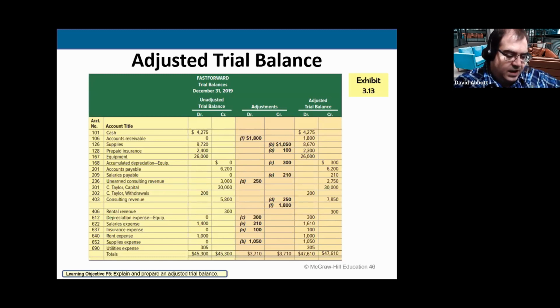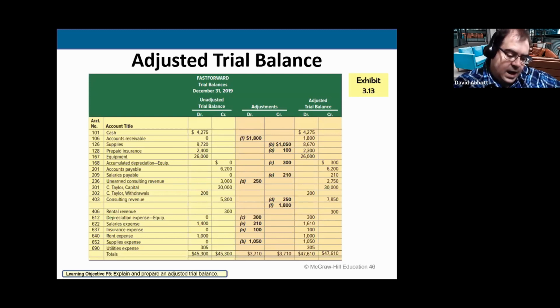Each adjustment, see the middle column, is identified by a letter in parentheses, and that links to an adjusting entry explained earlier. Each amount in the adjusted trial balance column is computed by taking the account's amount from the unadjusted trial balance columns and adding or subtracting any adjustments.